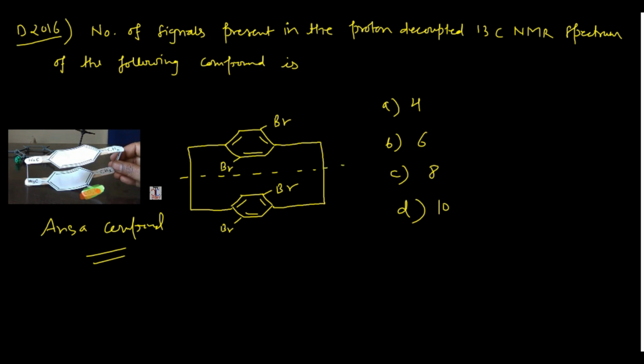That means this carbon and this carbon, this carbon and this carbon, they are of the same kind. So what I can do is mark them carbon 1, carbon 1, carbon 1, carbon 1. So all these 4 carbons will give you one signal.